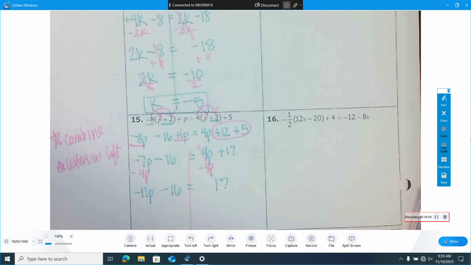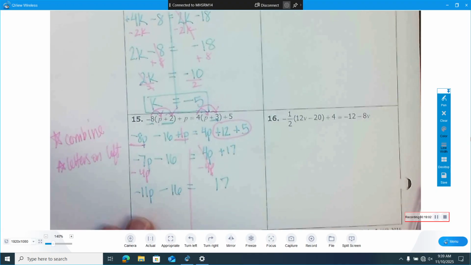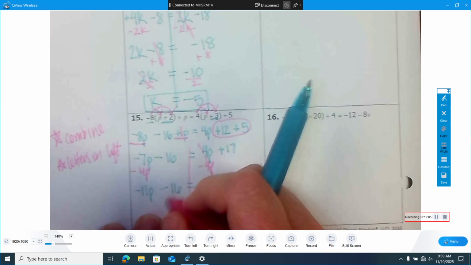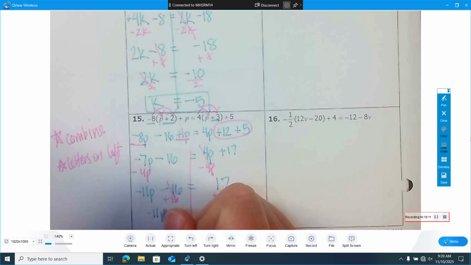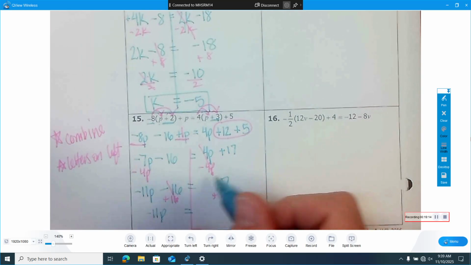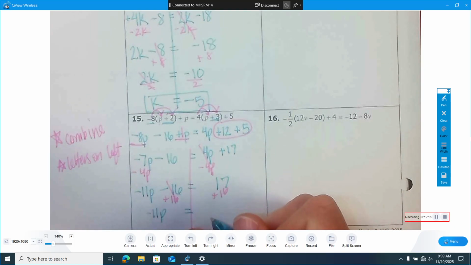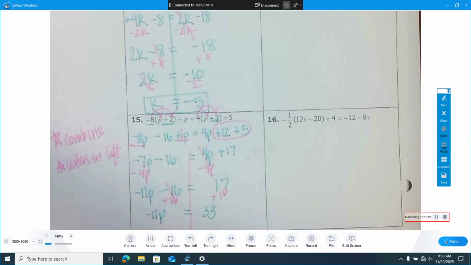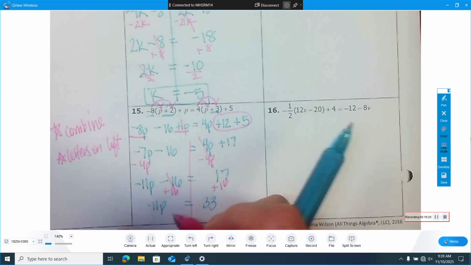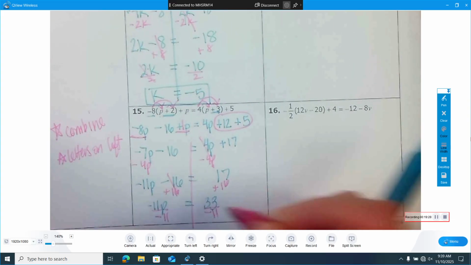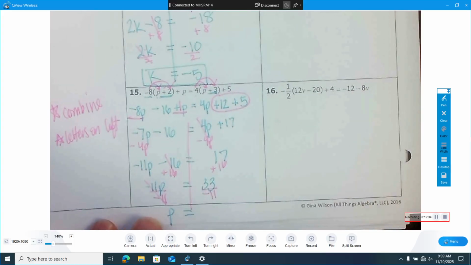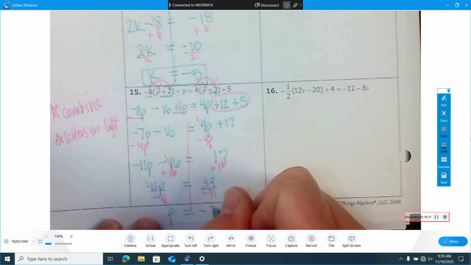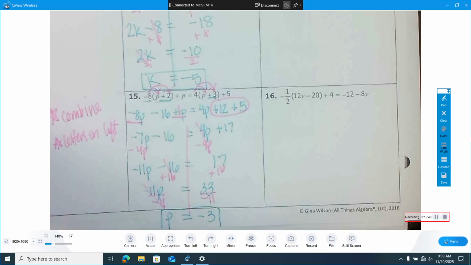And P wants to be all alone. Add 16. Very good. Add 16. So we have negative 11P is equal to, how many positives are here? 33. Oh, all right. And then P wants to be all alone. Divide by negative 11. Very good. So negative 11 divided by negative 11 is a 1P, which is what we're looking for. P wants to be all alone. And we get a negative 3. Beautiful. Lots of work today, ladies and gentlemen.